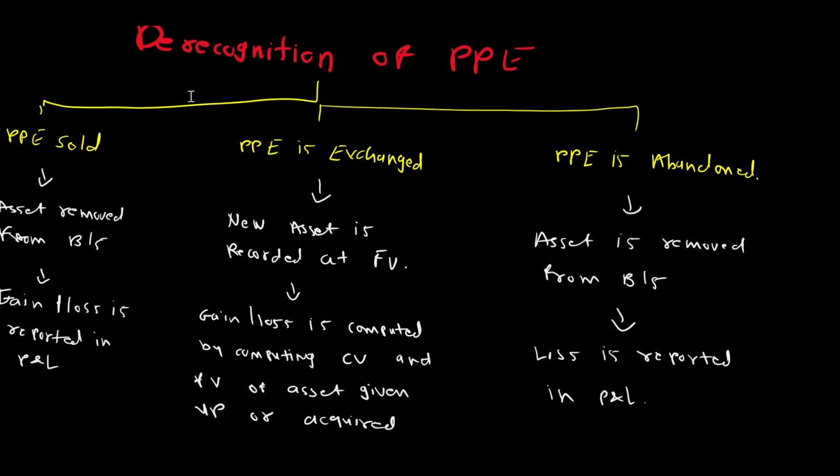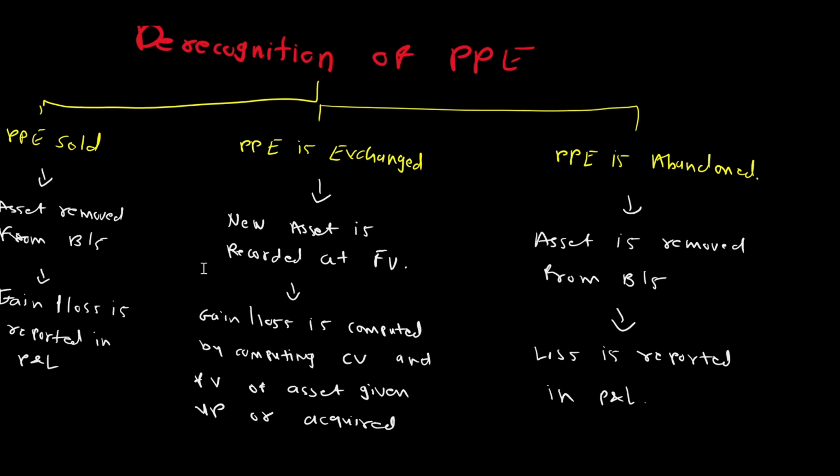So in the derecognition, there are three reasons for the derecognition. If I have sold my PPE, I have exchanged, or I have abandoned my PPE. So in the sold, the asset is removed from the balance sheet, and gain or loss is reported in the P&L.